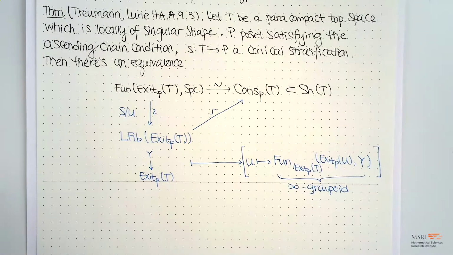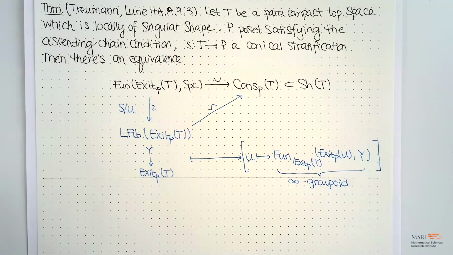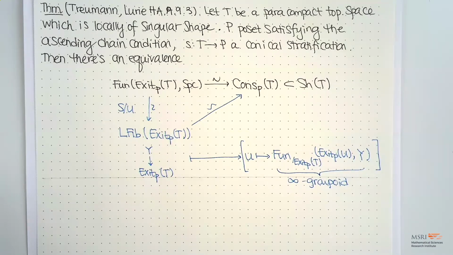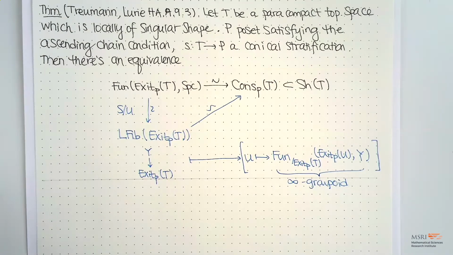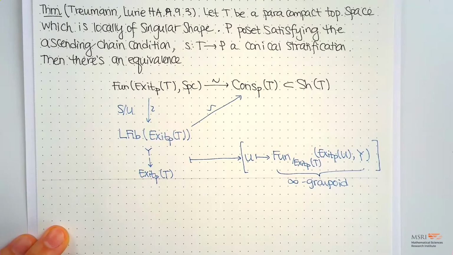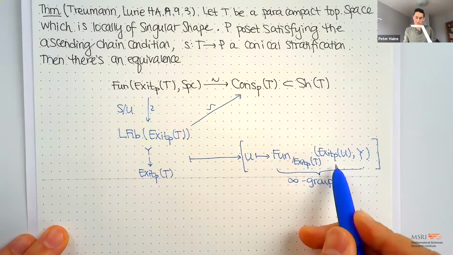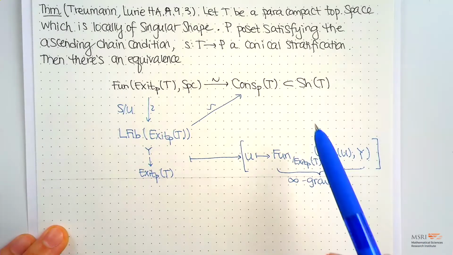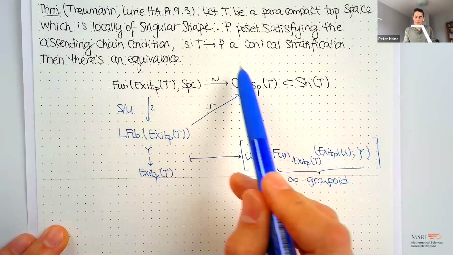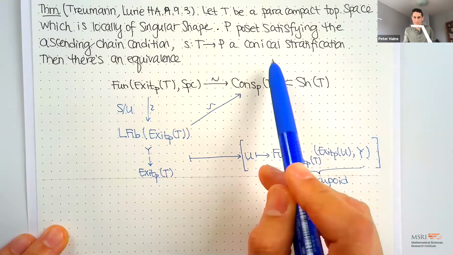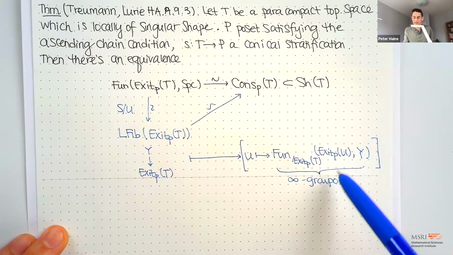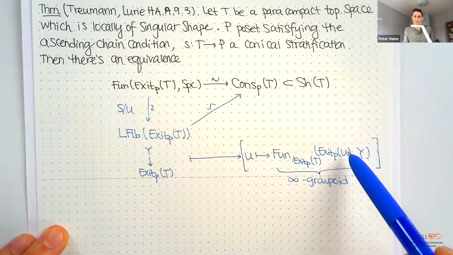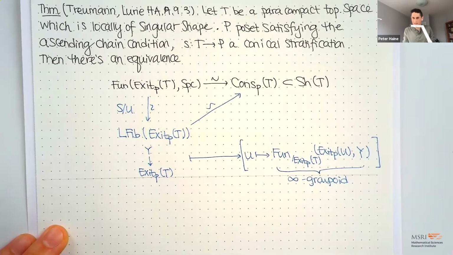Am I right that the conditions that make Sing P into exit P are local, which is why you're entitled to write exit P of U? Yeah, that's why I'm entitled to write exit P of U. It's a local condition because around every point you have this neighborhood, and U is an open, so that's allowed.